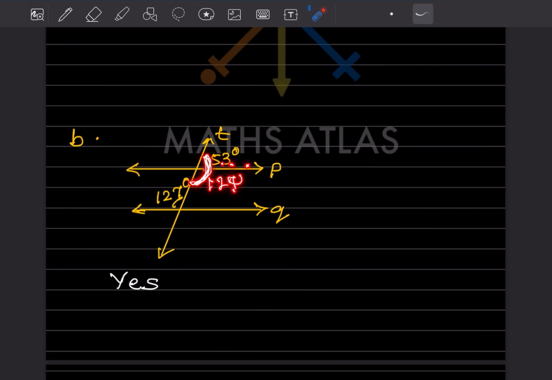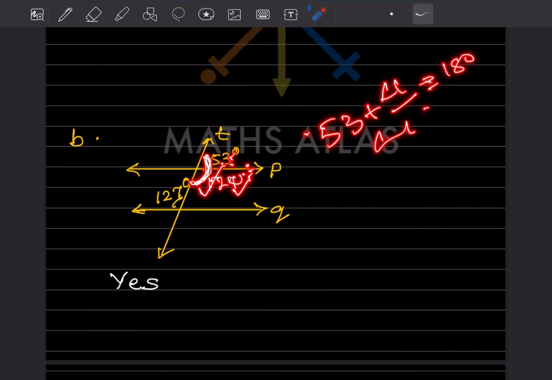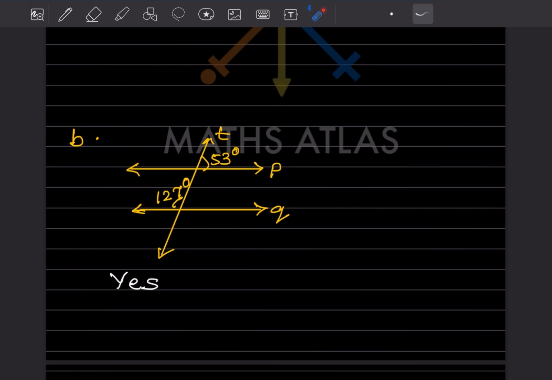The linear pair means 53 plus something, that is this angle. We can consider angle 1 is going to be 180 minus 53, that is going to be 127, and this is 127, and this also should be 127 because they are the alternate interior angles. So we can say these are parallel lines. So we can say yes.